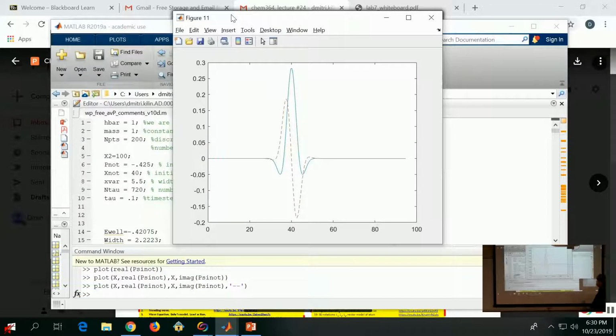Does it look like Gaussian function? Yes and no. The real one. But it has this negative things.